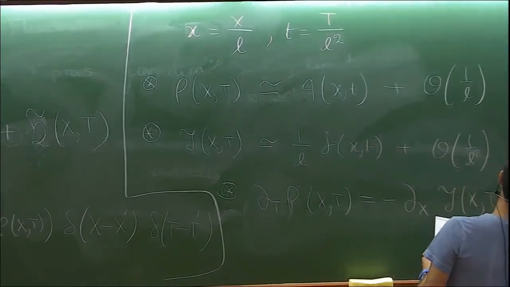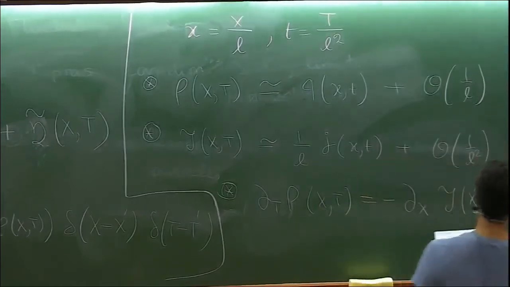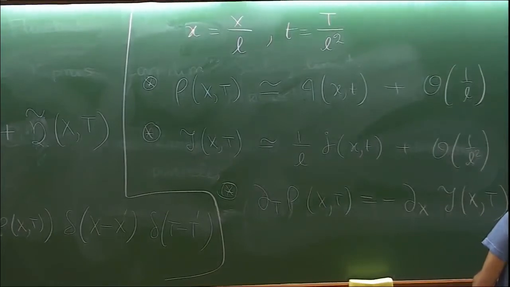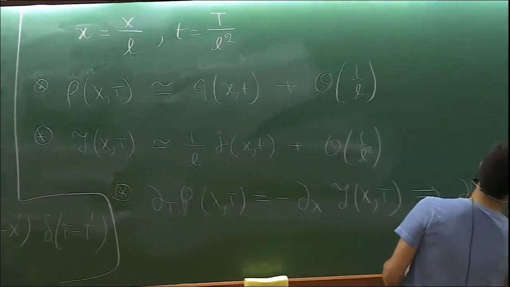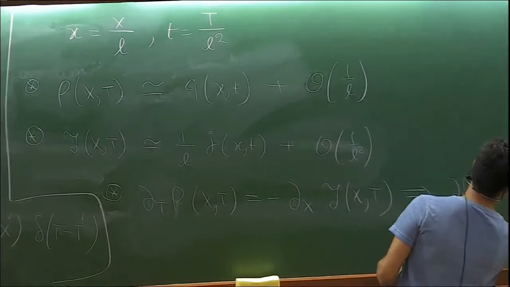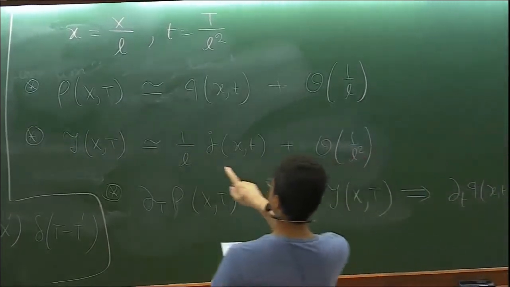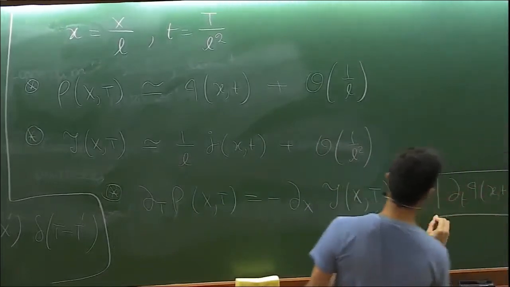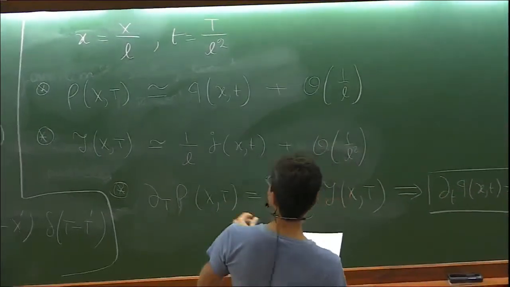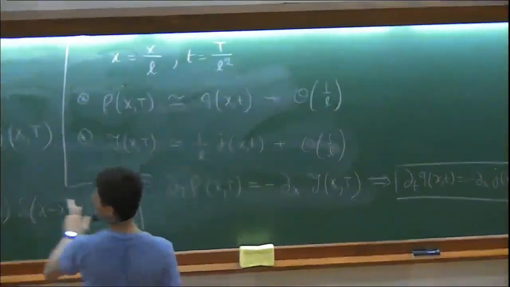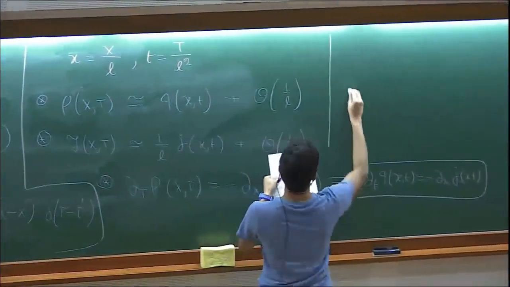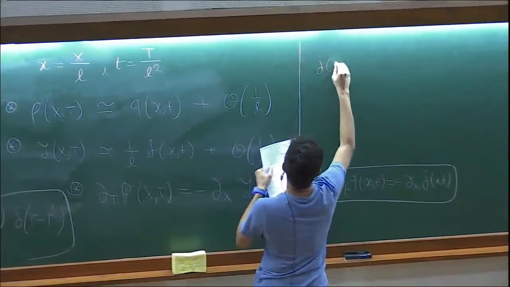And if you now write in terms of rescaled variables, this would simply be q small x,t into minus del x j x,t. With this scaling, you will find that this becomes independent of small l. And what happens to this current from this behavior?